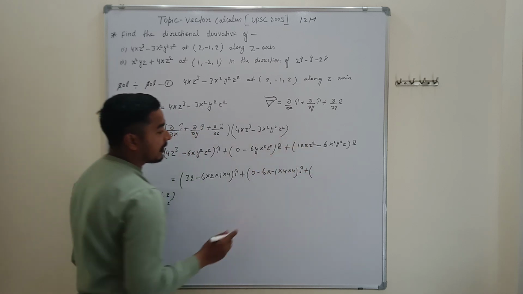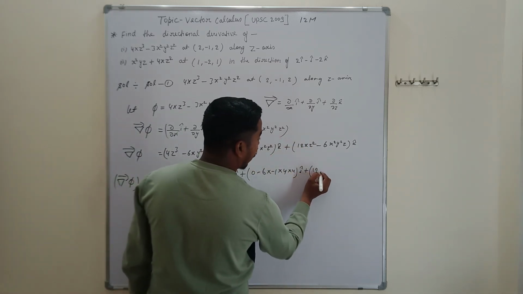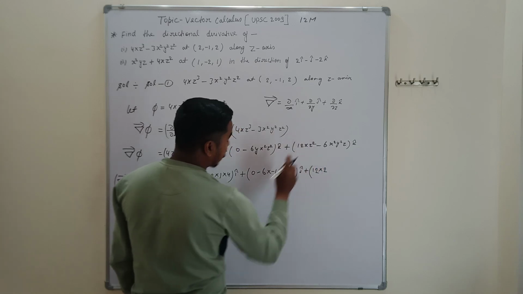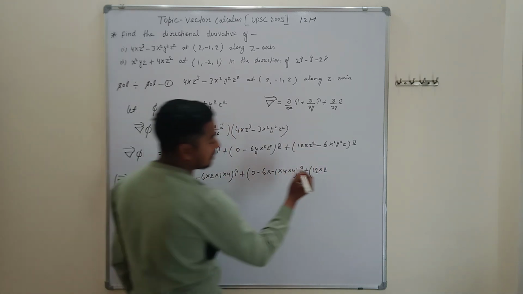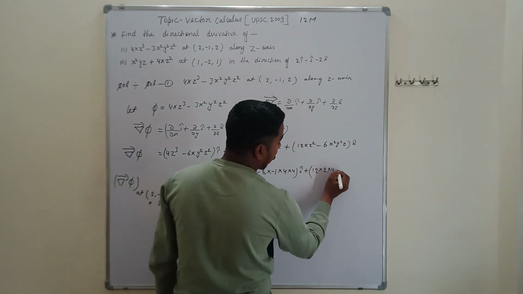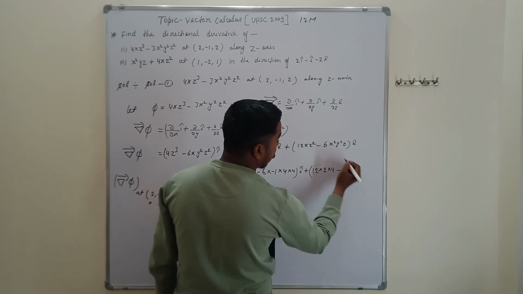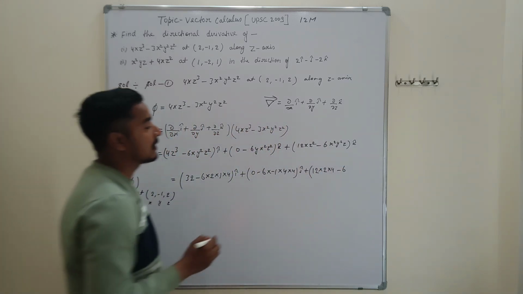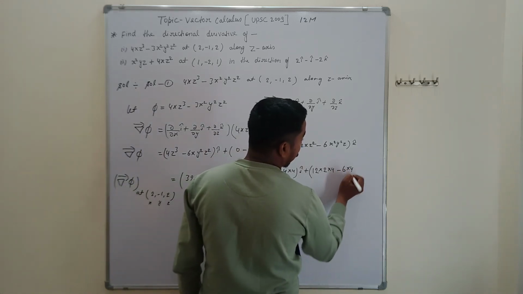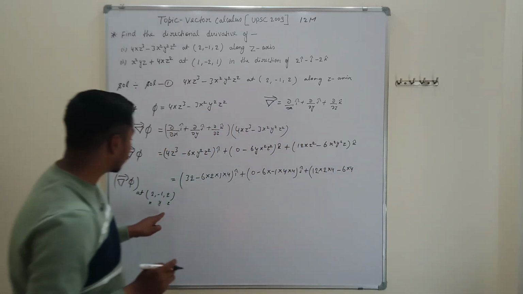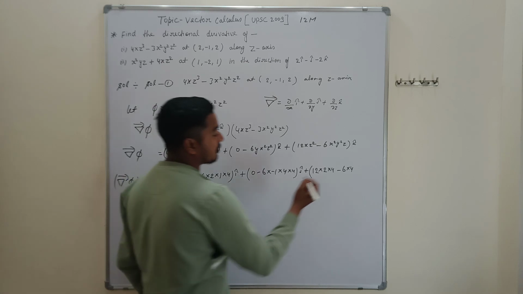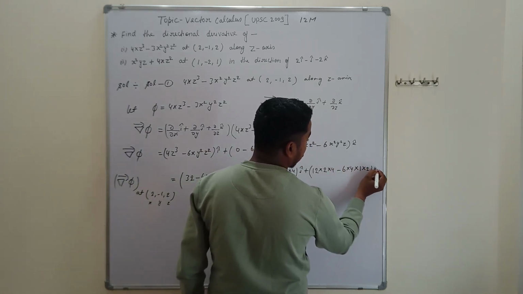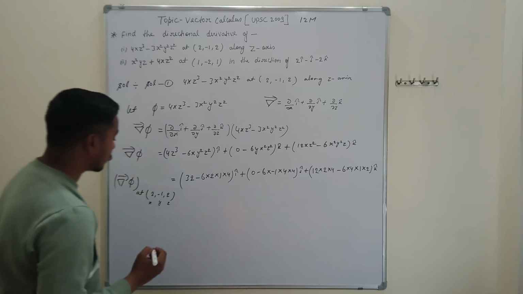And for k cap, here 12, x is 2 and z is also 2, squaring gives 4, minus 6 into x², here x is 2, squaring gives 4, y is −1, squaring gives 1, and z is 2. This is for k cap. Further we simplify.